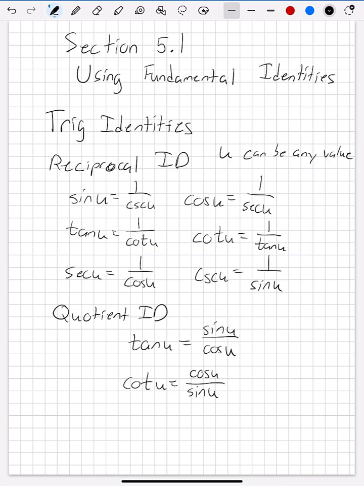So this is a start on our trig identities. I want to give you a couple more, and they are called the Pythagorean identities. One that's common that you probably remember is sine squared of u plus cosine squared of u is equal to 1.